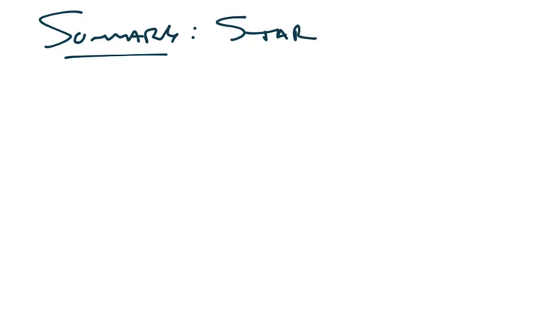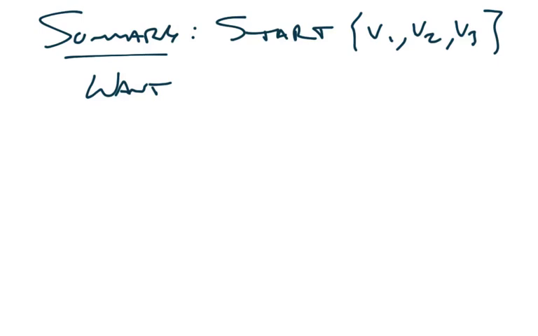All right, so summarizing this, just to remind you of how all of this is working, we start with V1, V2, V3, which are not necessarily orthogonal, and we want an orthogonal basis U1, U2, U3.